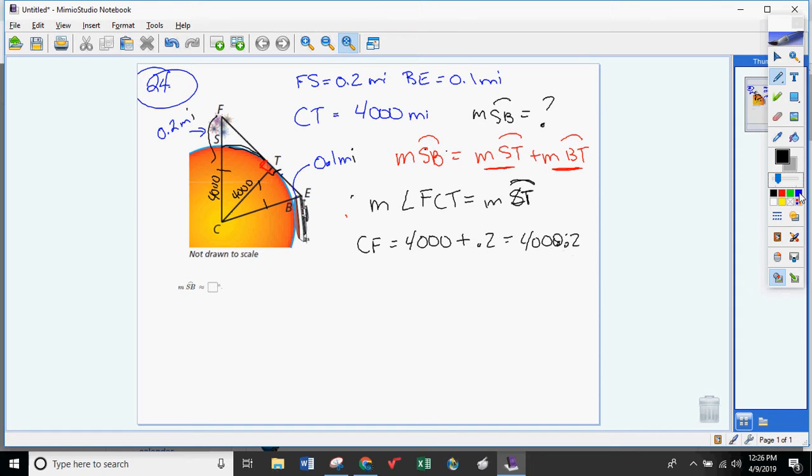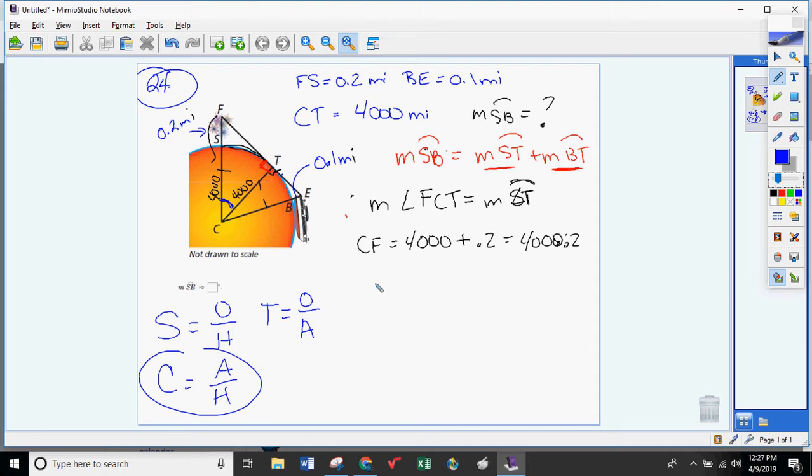And this is where the trig comes in, if you remember it. In order to find this angle measurement, this is a right triangle. I have sine, which is opposite over hypotenuse, cosine, which is adjacent over hypotenuse, and the tangent of an angle, which is opposite over adjacent. So I know the adjacent side over the hypotenuse, so I'm going to use cosine.